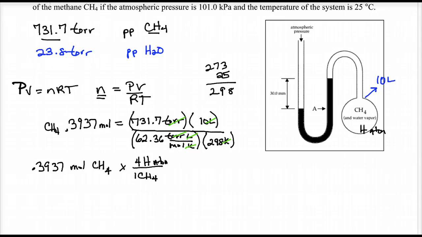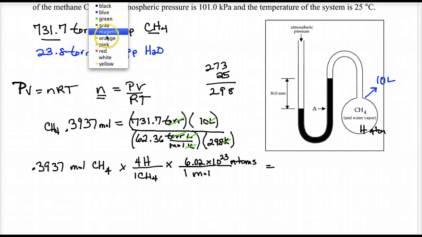And of course, that would multiply my moles by 4. And then because I was asking for the actual number, we're going to use Avogadro's number. Get rid of mole. For every 1 mole, I have 6.02 times 10 to the 23 atoms.